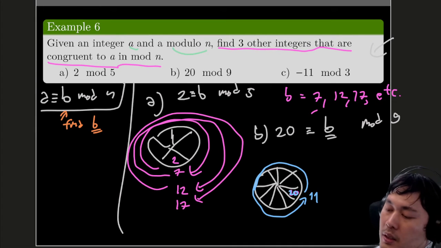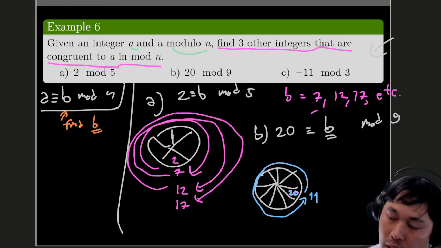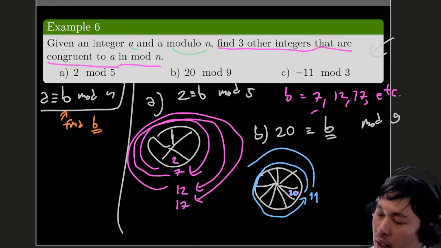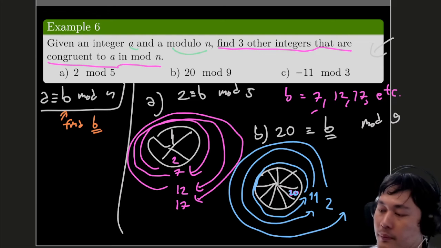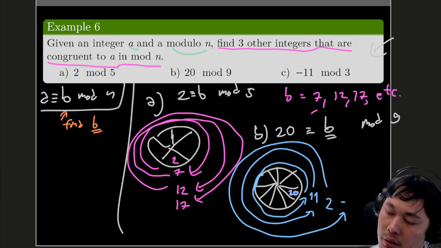That number is 11. And of course, you can repeat. If you move back again, you get 2. You can also move back 1 more round, and that gives you 2 minus 9, which is minus 7.